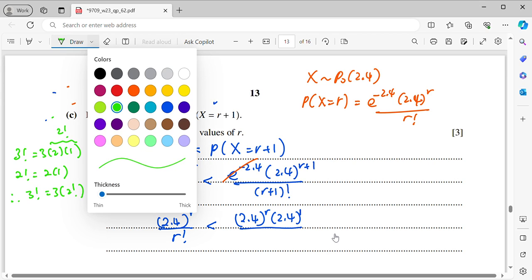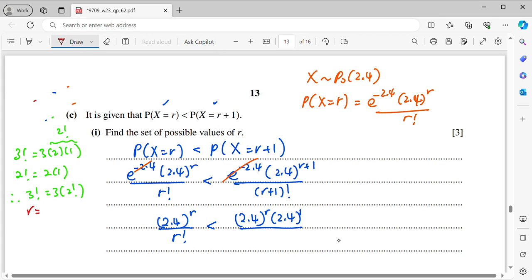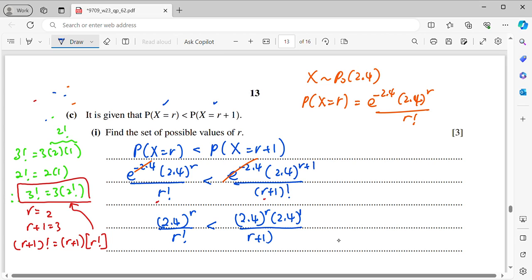And now from here, if I let my r be 2, because here I need to show r and r plus 1, therefore my r plus 1 is going to be 3. So based on this conclusion, I will be getting r plus 1 factorial, which is r plus 1 times r factorial. Okay, which tallies with this. So then from here, I will write r plus 1 factorial is basically r plus 1 times r factorial.